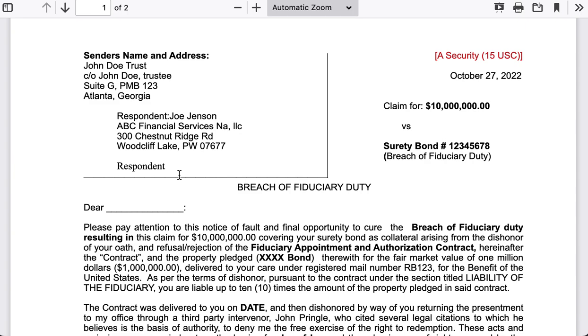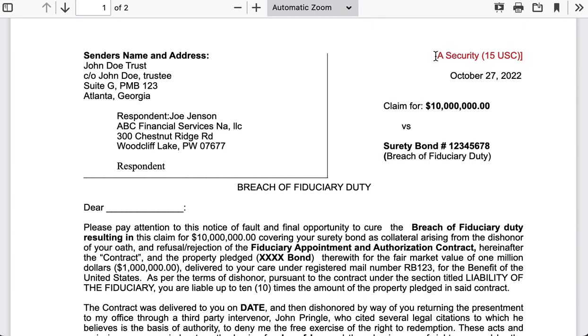Because if you are making a claim against a surety bond of somebody who works in the county, you probably don't want to go down to the county courthouse to enforce it. But you probably could. But anyway, let's take a look at this and see how this is set up.